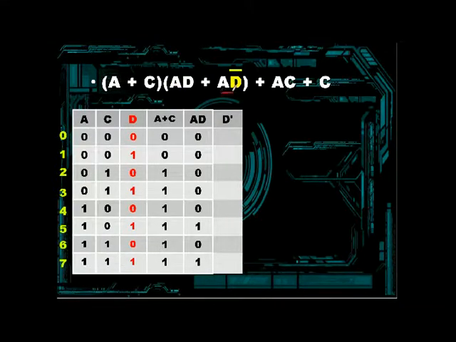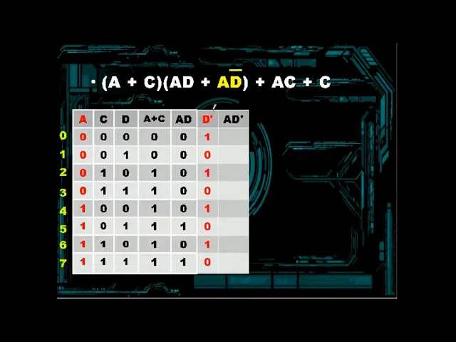Now I'll go to this one and I'll find D prime by itself. Makes it easier. So this is going to be 1. Just flip every 0 to 1 and vice versa for the D. Then I'll find A and D prime now, which is this and this. So what is it going to be? And we have an AND.